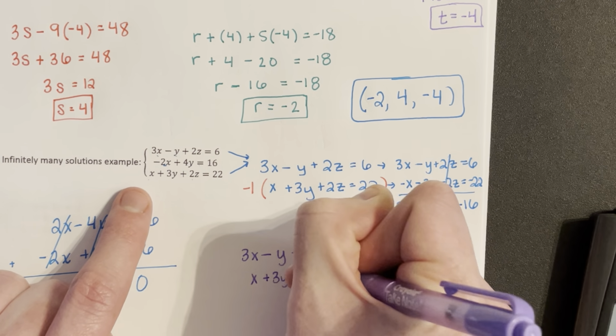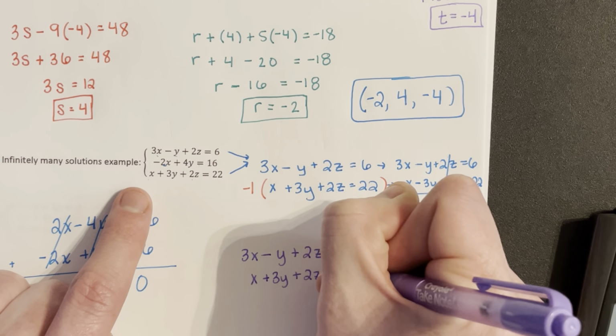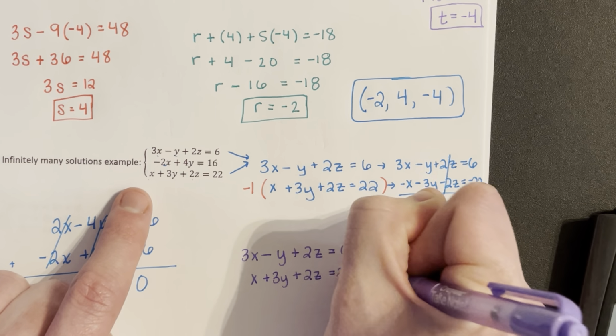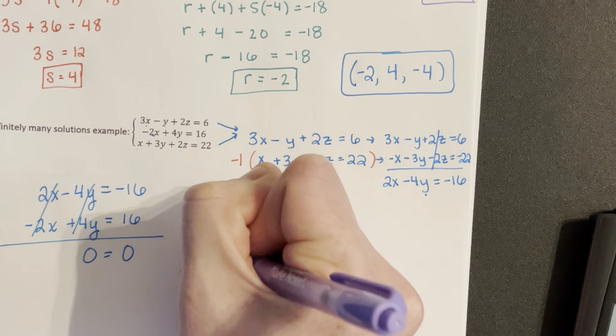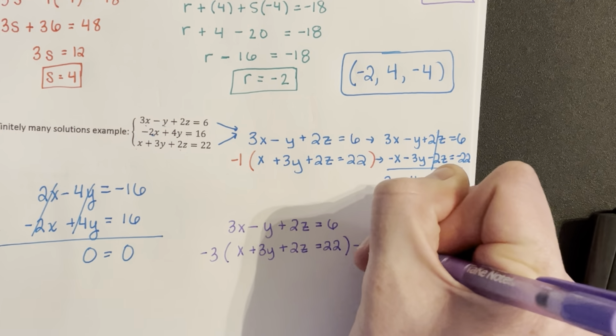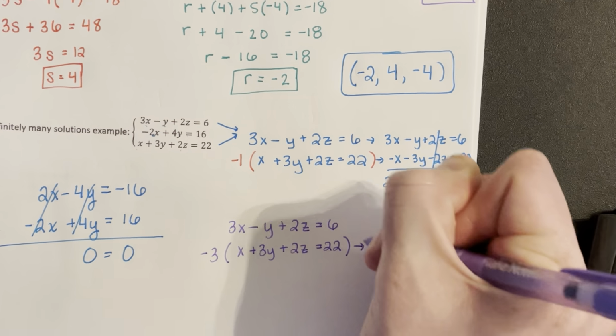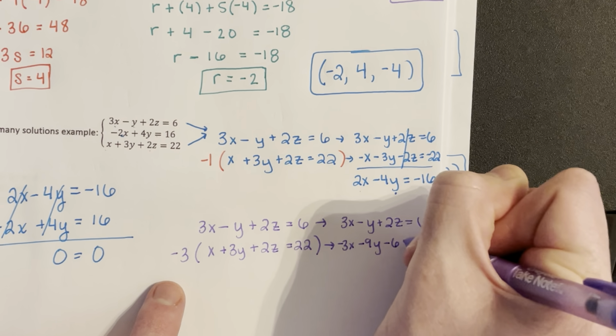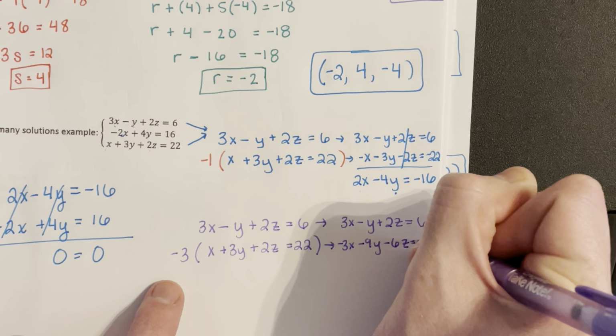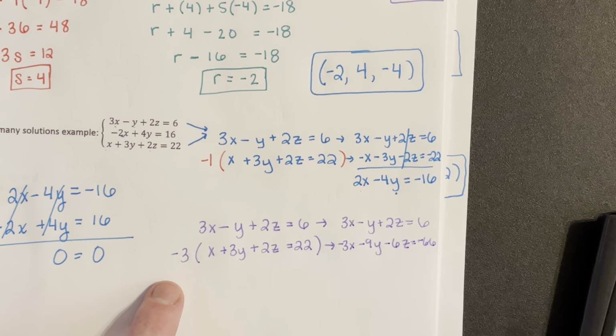And you may not have had to do this if we had chosen to eliminate one of the other variables first, but let's multiply this by negative 3. So now I have 3x minus y plus 2z equals 6. Negative 3x minus 9y minus 6z equals negative 66.